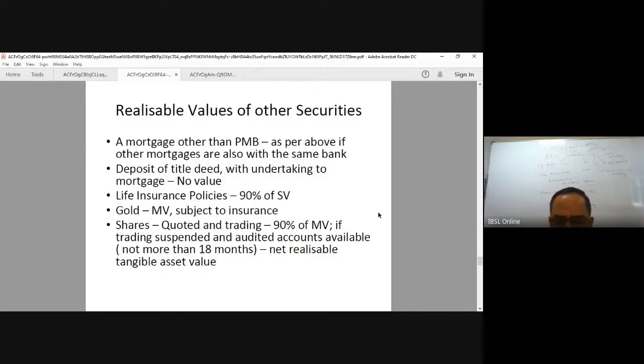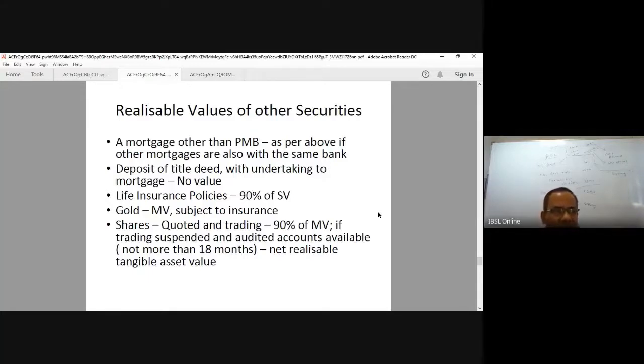So the other things also you must keep in mind if you are taking any other securities. A mortgage is acceptable if the primary mortgage is also with you. If you are taking a secondary mortgage bond, it cannot be taken for this calculation, right?